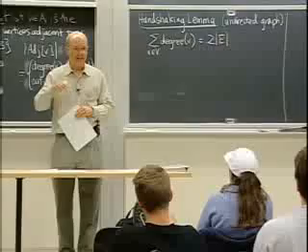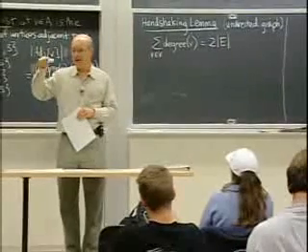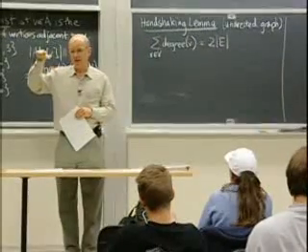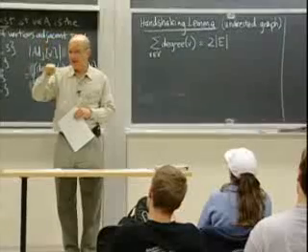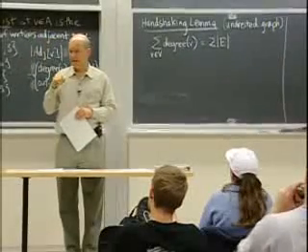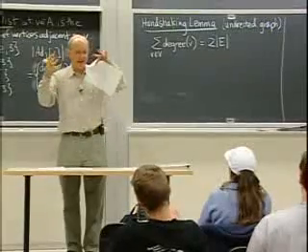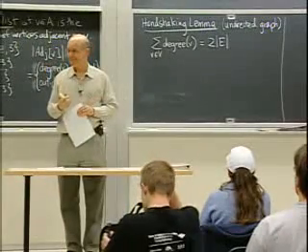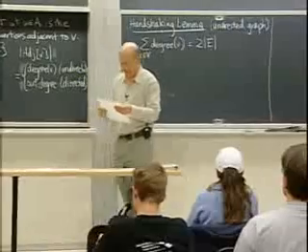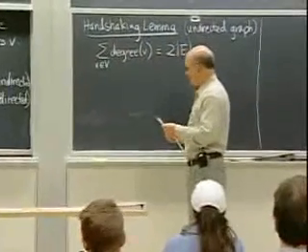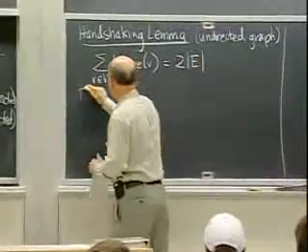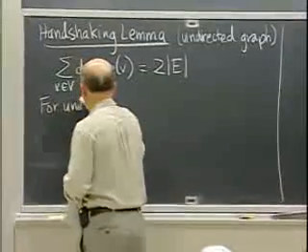If you imagine that every time I count the degree of a node, I put a mark on every edge, then when I'm done, every edge has 2 marks on it, 1 for each end. Pretty simple theorem.